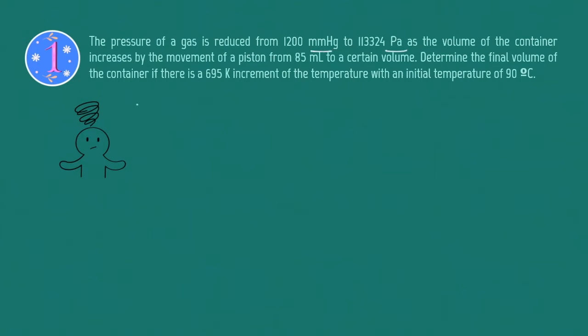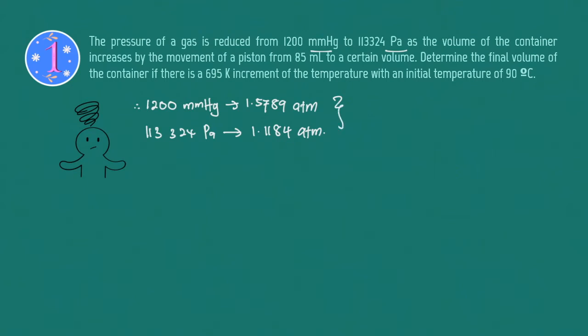So you need to convert this to ATM. 1200 mmHg is equivalent to 1.5789 ATM, whereas 113,324 Pascal should be equivalent to 1.1184 ATM. You can either use your calculator or calculate it manually.